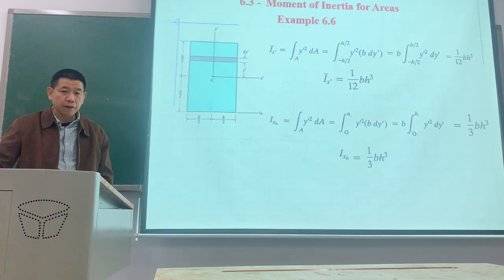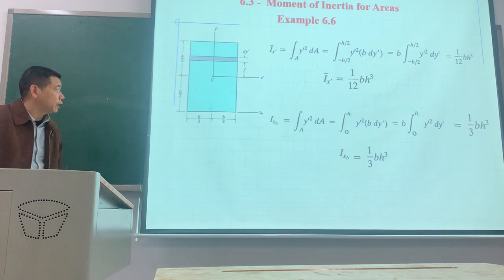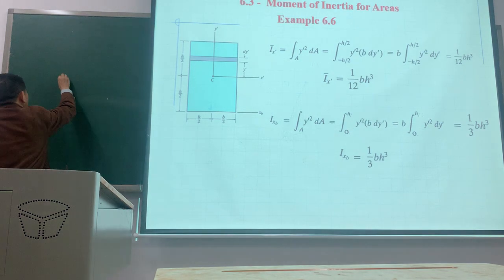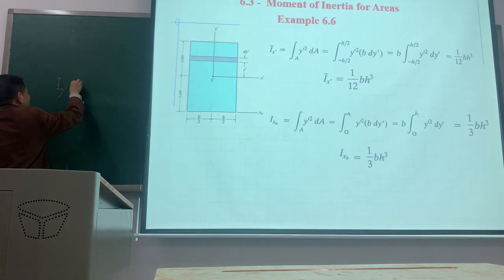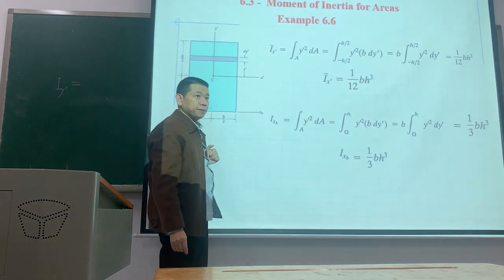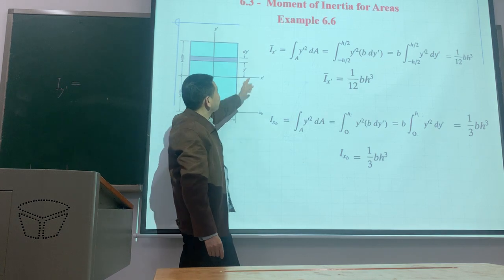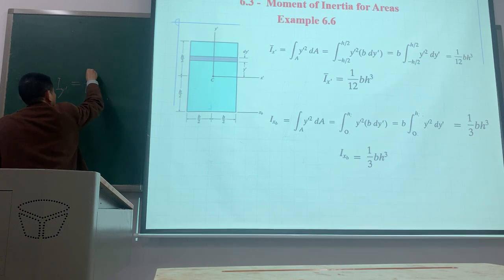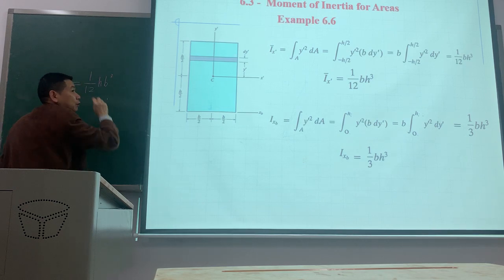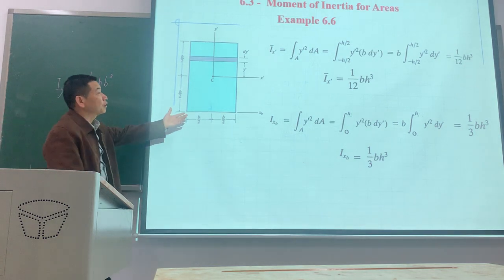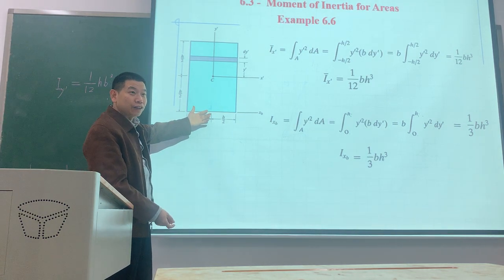By the same way, we will get Iy prime, the moment of inertia about y prime. How much is it? By the same way, we can get h b to the third power, because it's a rectangle.